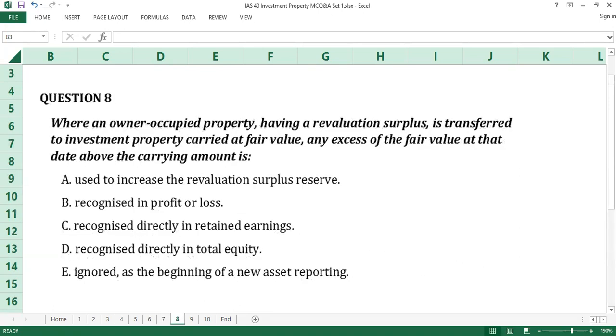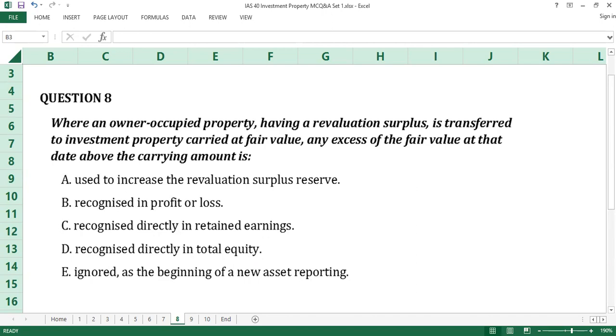Question number 8. Where an unoccupied property having the revaluation surplus is transferred to investment property carried at fair value, any excess of the fair value at that date above the current amount is dash. A. Used to increase the valuation surplus reserve. B. Recognized in profit or loss. C. Recognized directly in retained earnings. D. Recognized directly in total equity. E. Ignored at the beginning of a new asset reporting.